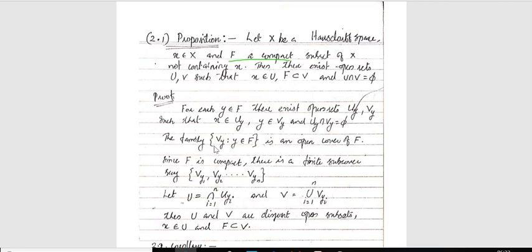Now take the family Vy, y belongs to F. This family is an open cover of F since each Vy is open. Since F is compact, it has a finite subcover, say Vy1, Vy2, up to Vyn. Now we can handle this in the same way as in the previous, finite case.